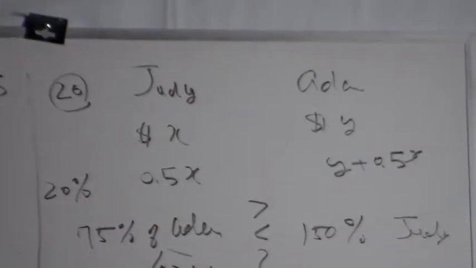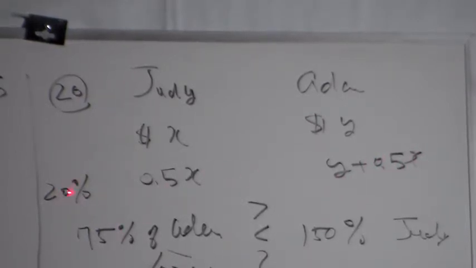Next one is 20. Okay, Judy originally has X dollars, Adam has Y dollars. Then Judy gives half of her money, 50%, to Adam. So Judy now has half of her money, 0.5x. Adam has Y plus 0.5x, right?